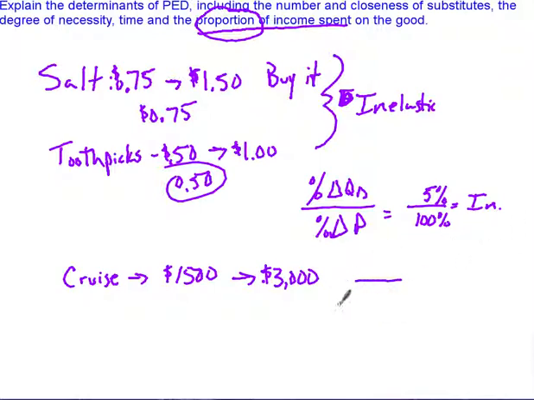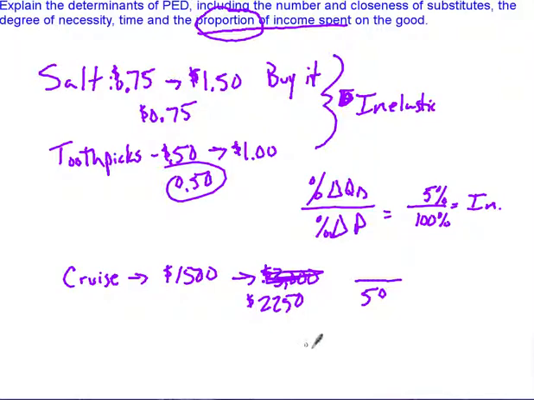100% is not going to work. So if we had a 50% increase in price, 50% of 1,500 is 750, so 2,250. Quick math on the fly.